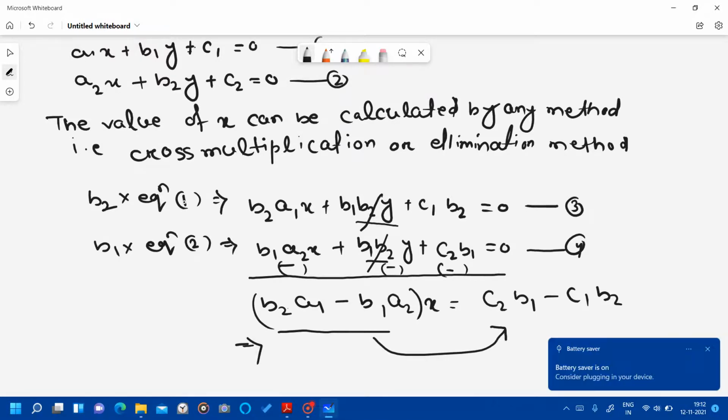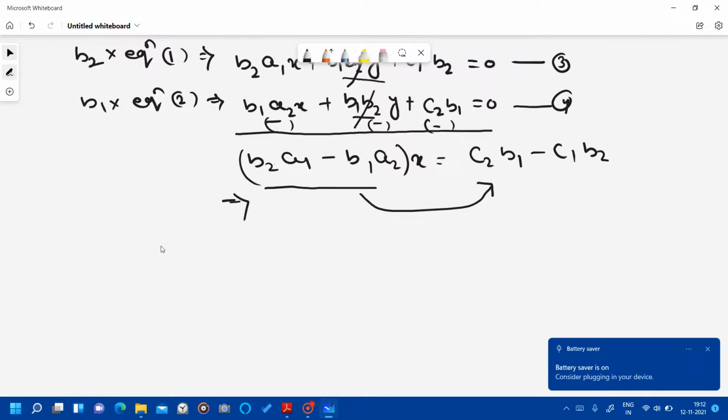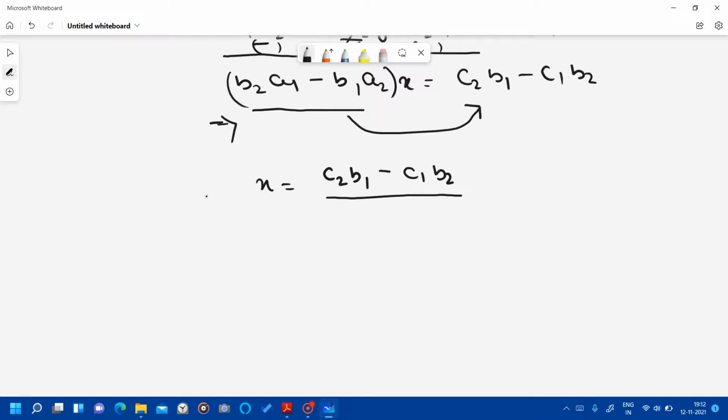Then x is equal to (c2b1 minus c1b2) divided by (b2a1 minus b1a2), like that.